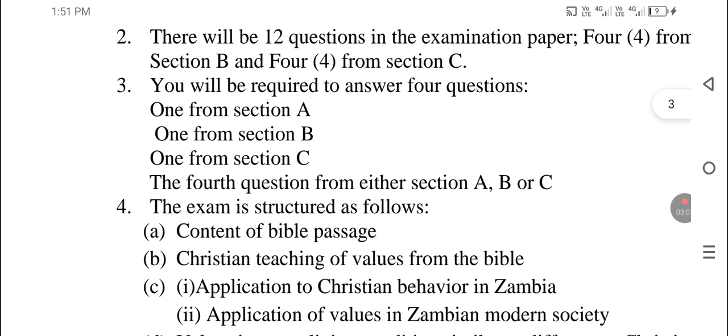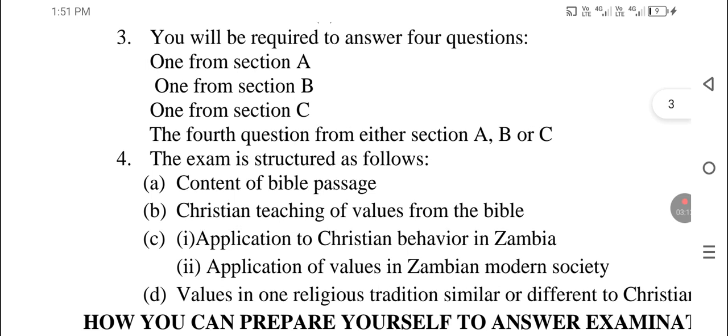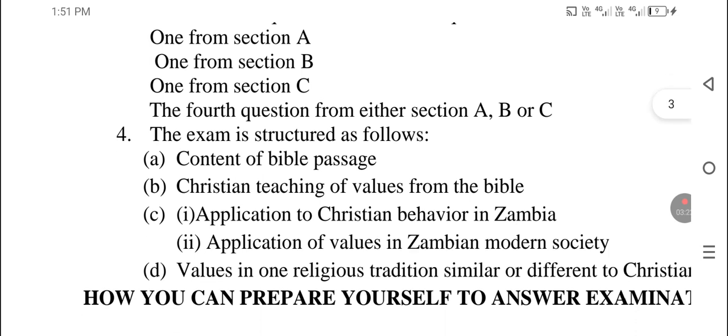So you have such an opportunity. One question will come from section A, another from section B, another from section C. The first question you choose from either section A, B, or C.